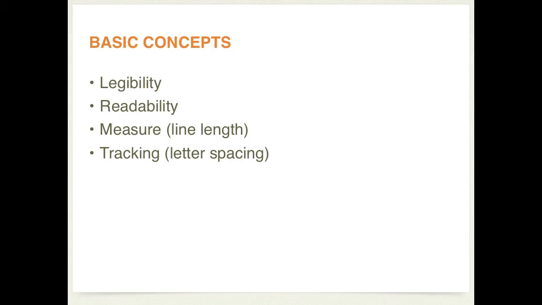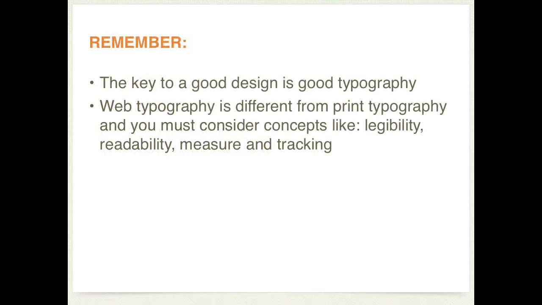So these are the basic concepts behind web typography, and as you can see, it's a bit more complicated than just choosing a font. So remember, the key to a good design is good typography. Web typography is a bit different from print, and you must consider concepts like legibility, readability, measure, and tracking.